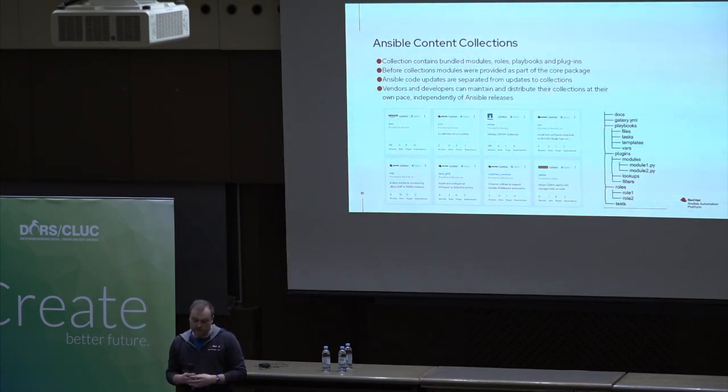Another important component is Ansible automation content collections. This is the new way of providing everything which we need for our automation. In the past, before the introduction of content collections, we had to use Ansible modules, which were bundled with the Ansible release. So if some vendor or developer wanted to create a new Ansible module, or update an Ansible module, he had to wait for the next Ansible core update.